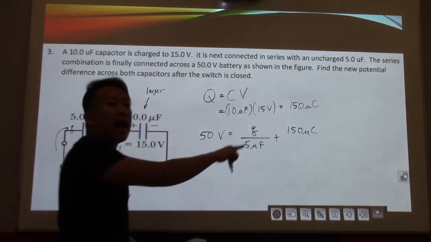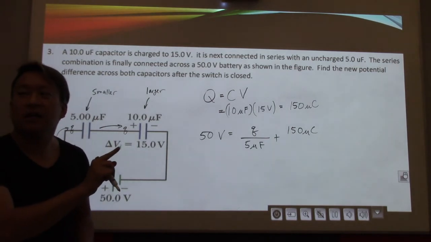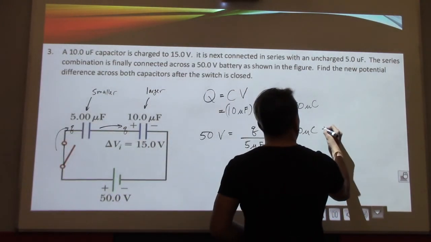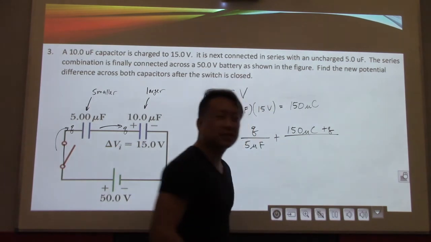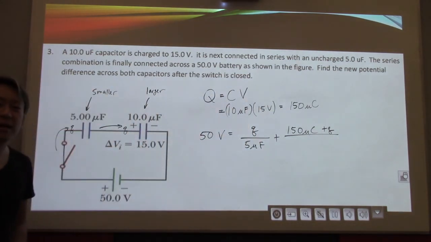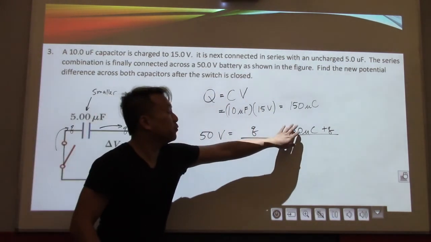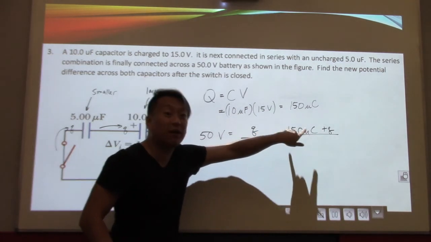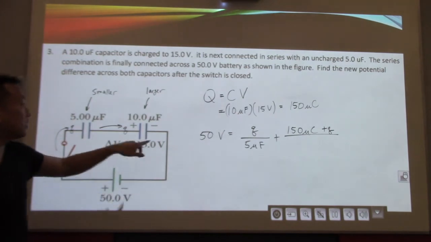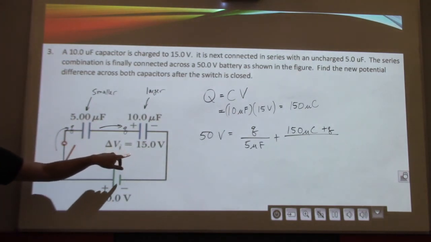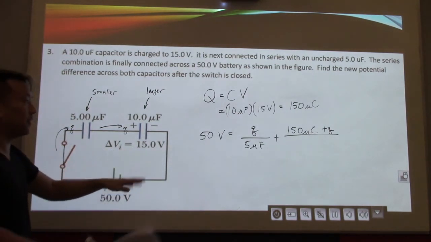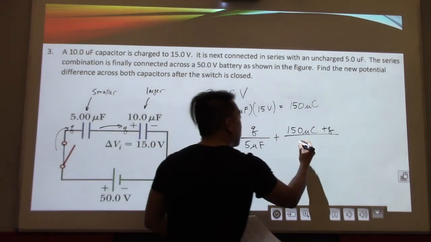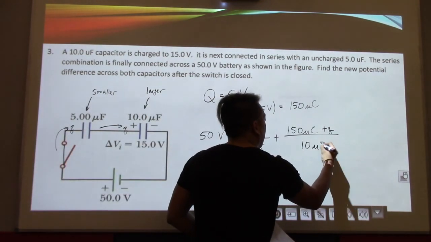See, it started out with 150 plus Q. That's the little subtlety. You see, that's how to make up for that. Because otherwise, it was not charged, it would be also Q over that. But it started out with already some charge, because it was already charged up to a potential difference of 15 volts to begin with. And that one's over the 10 microfarads.